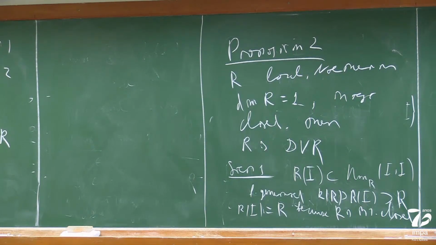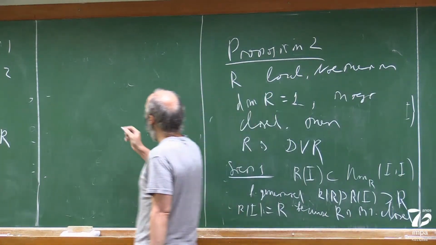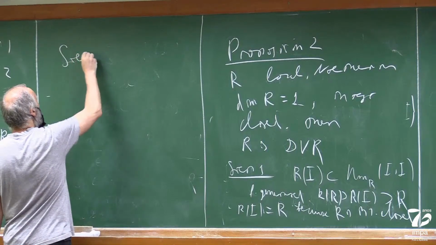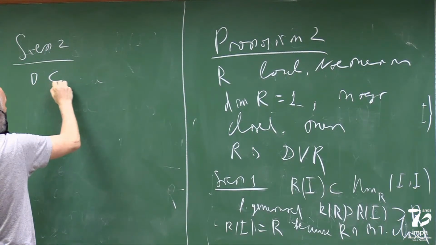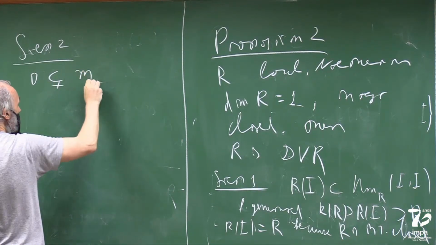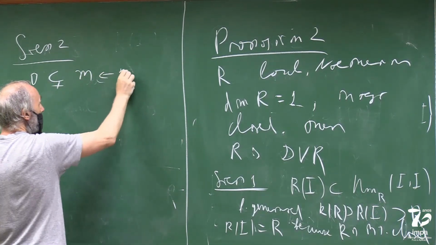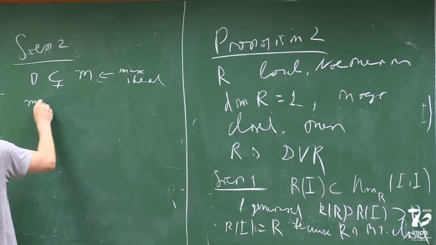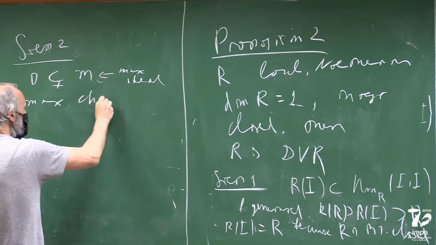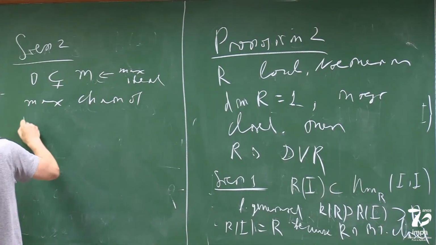Again, step 2 is something we have discussed already. We have 0 sitting inside the maximal ideal. It's a maximal chain of prime ideals.